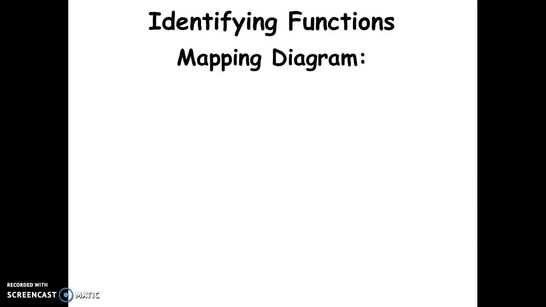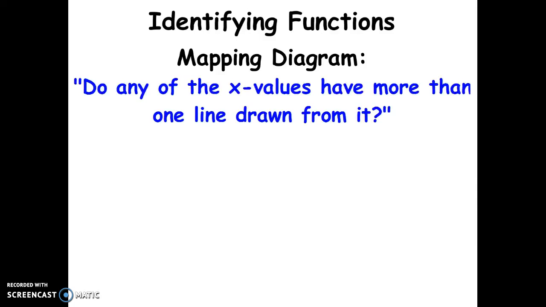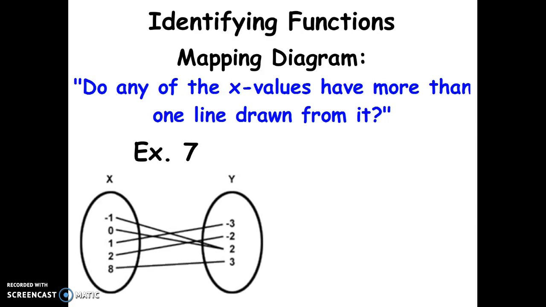So lastly, let's look at a mapping diagram. With a mapping diagram, you need to ask yourself, do any of the x values have more than one line drawn from it? So the place that we should be looking is right here. We want to look at our x values. We want to take a look at the lines that are drawn from the x values.